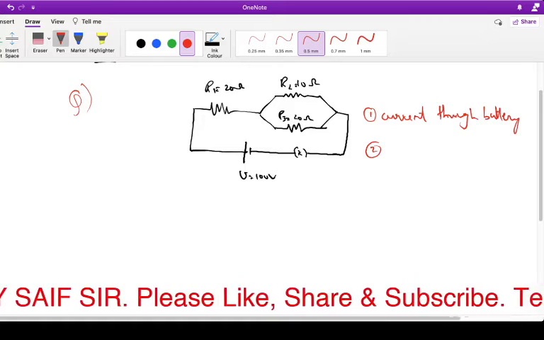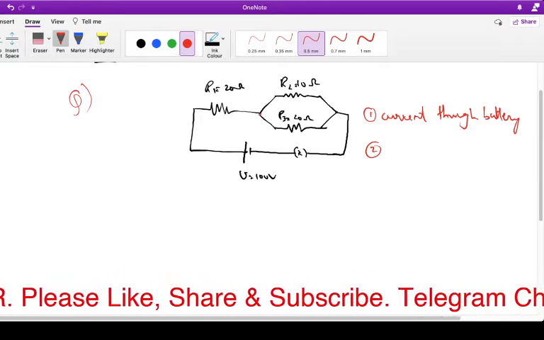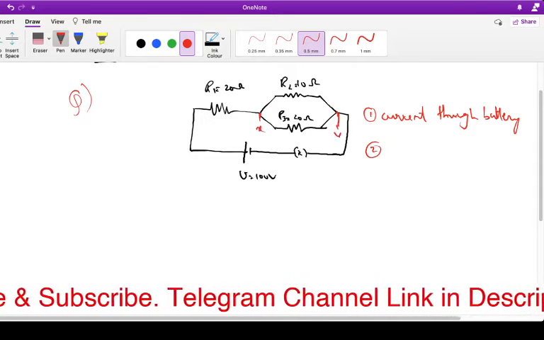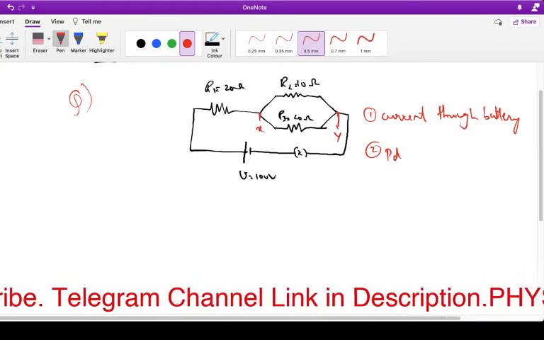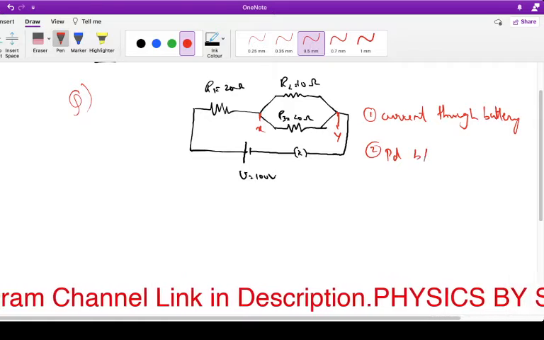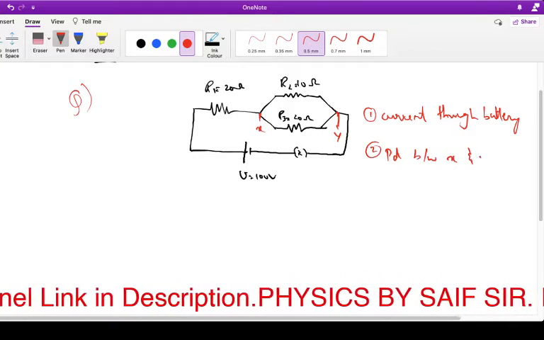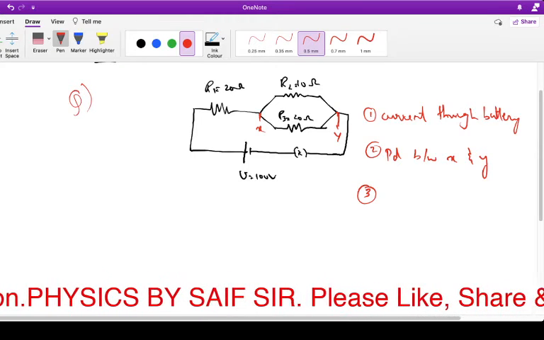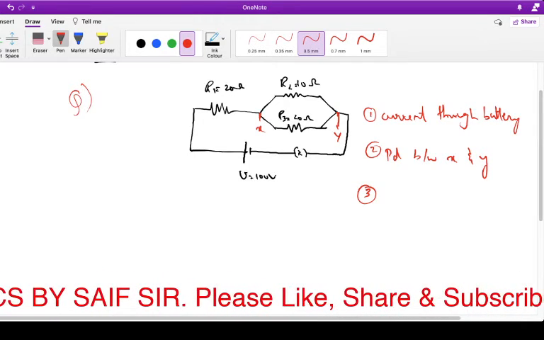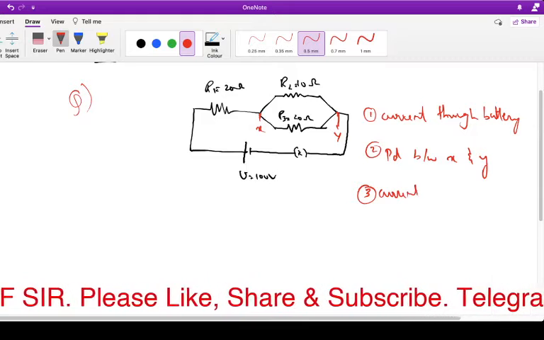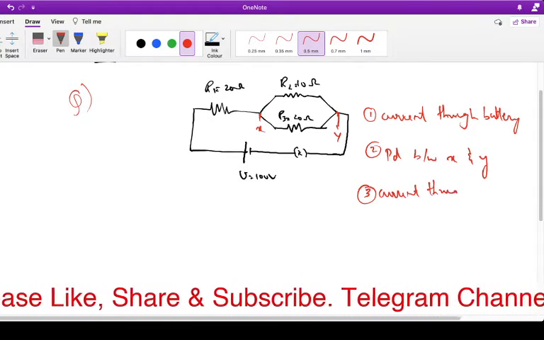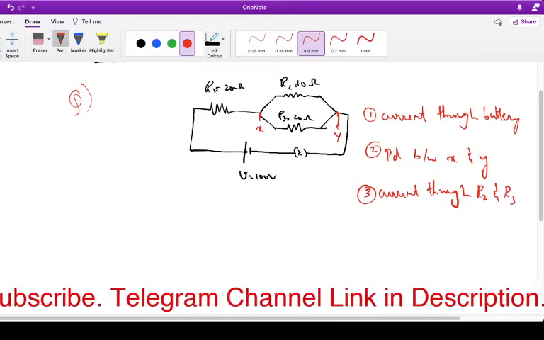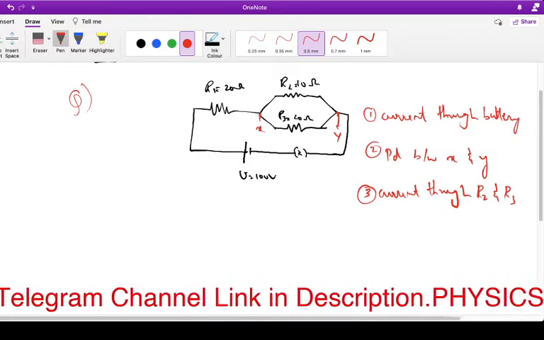The second is to find the potential difference between X and Y. The third is to find the current through R2 and R3. Let's start with the first one.